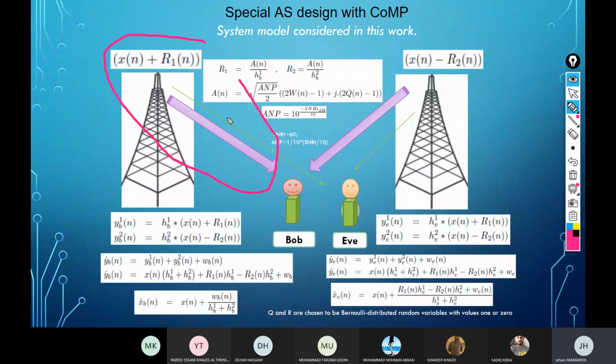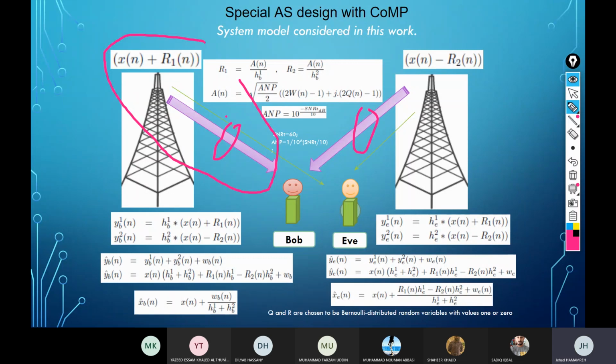R1 is a random signal that causes interference to X1. Since there is significant interference, Eve cannot get the data. Assume Eve is here as well. Also, she cannot get the data because there is another random signal being superimposed. Assume Eve is here and receiving data from both base stations.